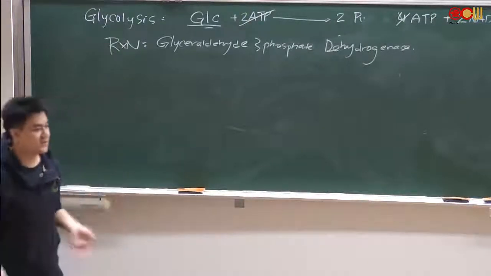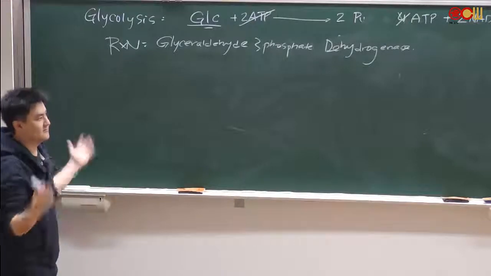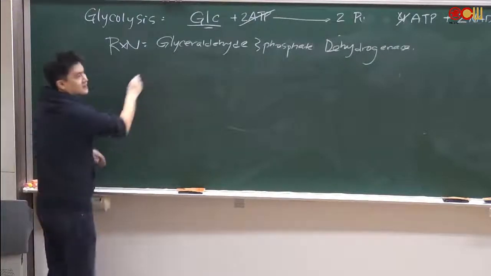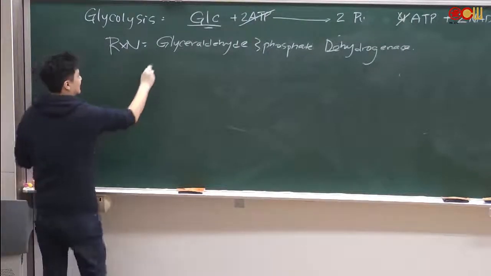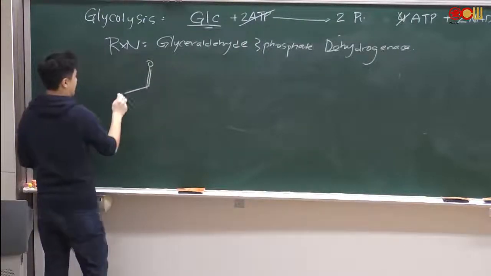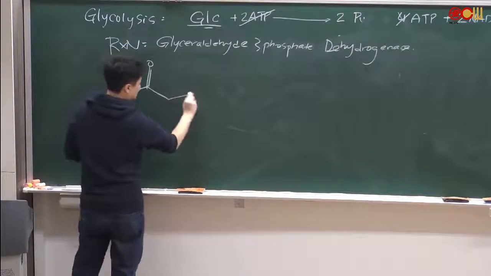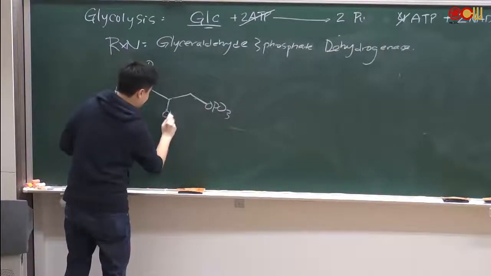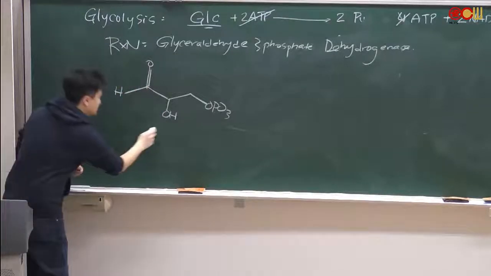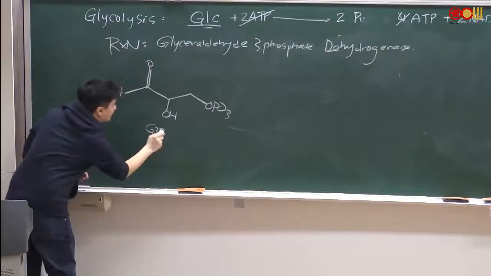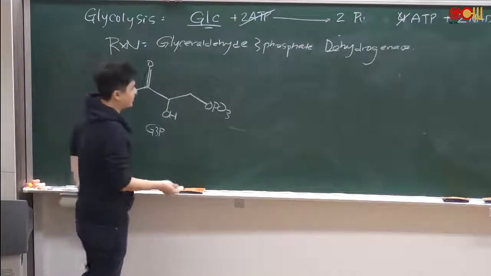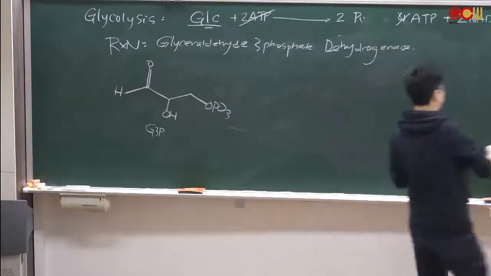Electrons have to go somewhere. Now, let's see how I draw this. I start with my glyceraldehyde 3-phosphate, this is G3P, and my end product is going to be something that looks like this.